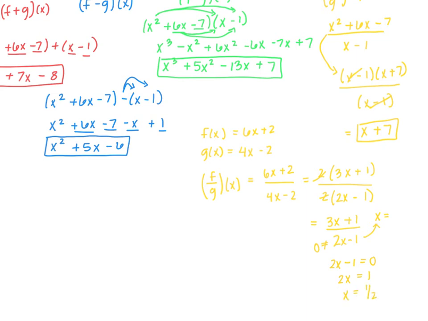So we get x equals 1/2, which means that if we were to plug in x equals 1/2, our denominator would be 0, which is undefined. So our answer must exclude x equals 1/2. So x cannot be equal to 1/2. But here's our answer, and you have to include that exclusion.